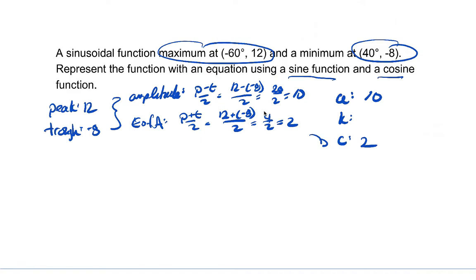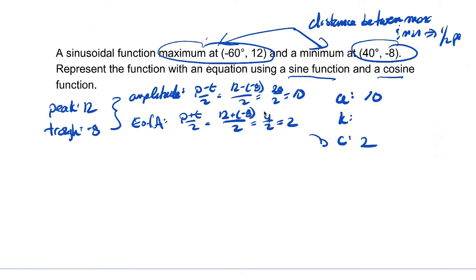Last thing that we could get from this is the period. Now, it seems like we can't because we're not told where it might be ending. But one thing we know with the sinusoidal function is that if we're given the maximum and the minimum, the distance between the max and min will always, always, always be half the period.